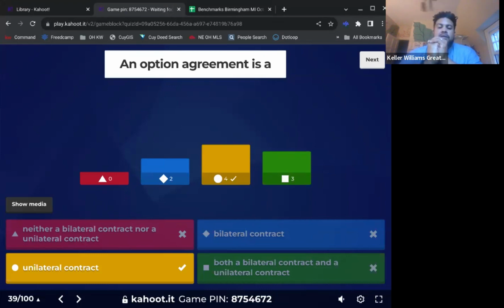It means that either one party is obligated to the contract or two parties. And an option agreement is only binding to the seller. The buyer can opt out of the agreement at any time, prior to going under contract. So it is only a unilateral because it is only binding on the one side, and that is the seller side. The buyer, it is not binding to the buyer to perform if optioned.